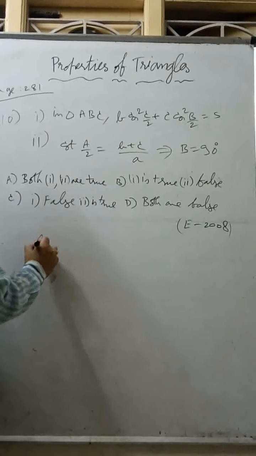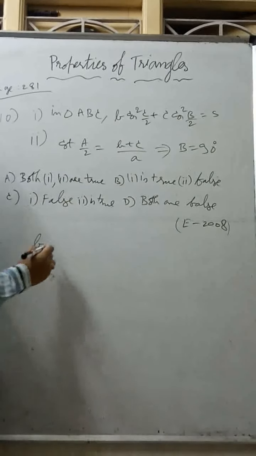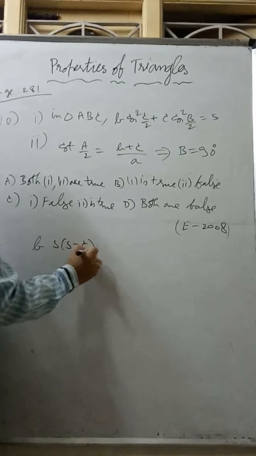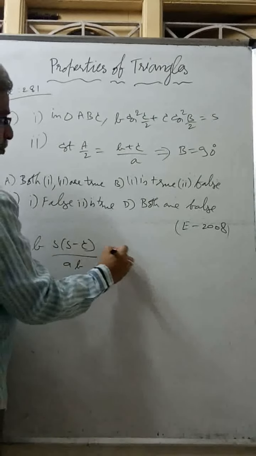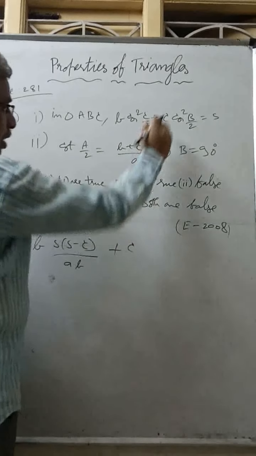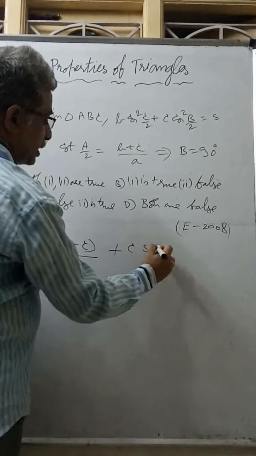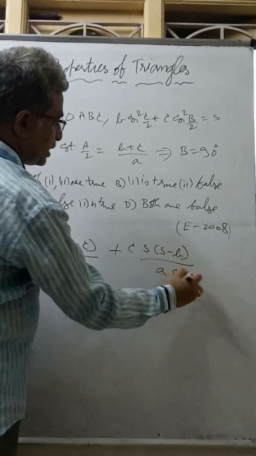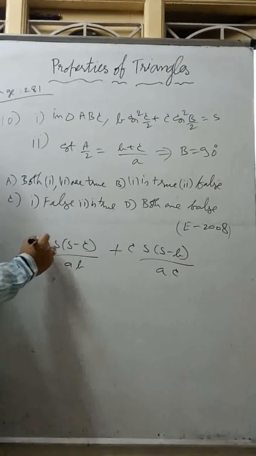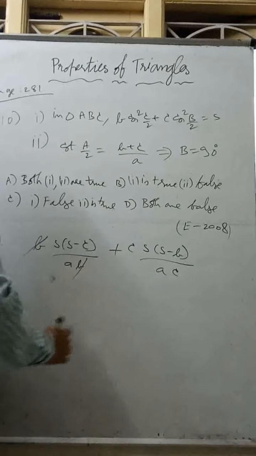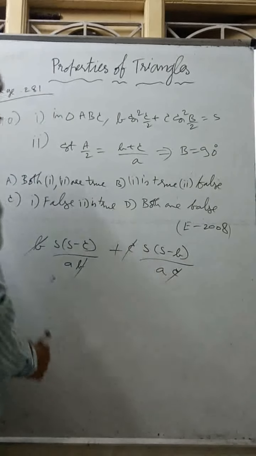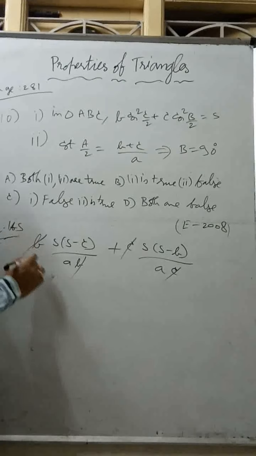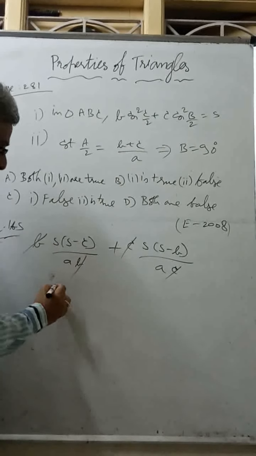Small a into cos²(C/2), we know the formula: the root and square get cancelled, s(s - c)/ab, plus c into cos²(A/2) formula, s(s - a)/bc. So I can cancel b and here c. What happens? I can take s/b common.